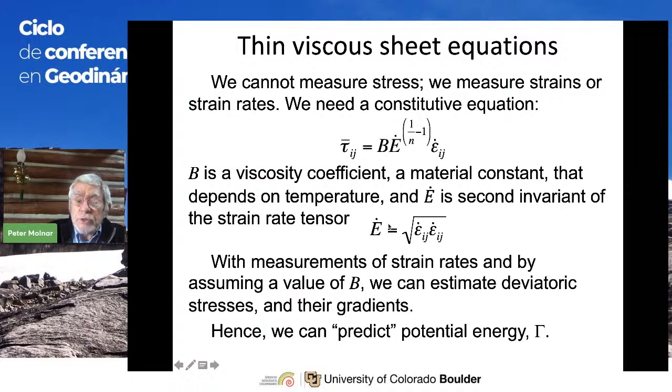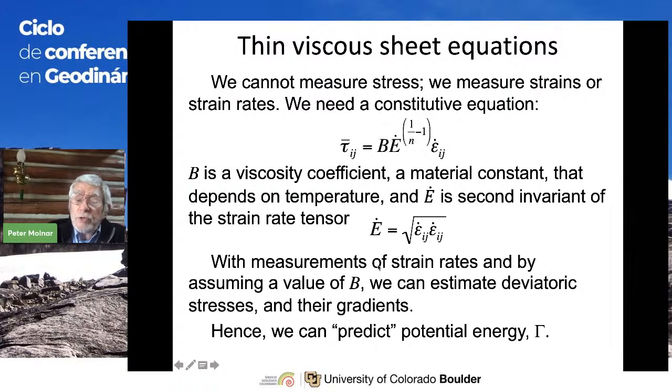E dot, which is the second invariant of the strain rate tensor, this quantity would become unimportant. 1 over 1 minus 1 is 0. And this would then be 2 times the viscosity. Don't worry about that. We can measure strain rates with GPS or with geology, average strain rates over finite amounts of time. So in principle, we can get a number that scales with the stress, with the deviatoric stresses.